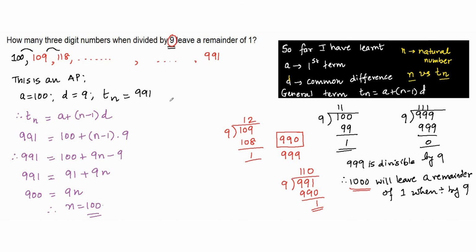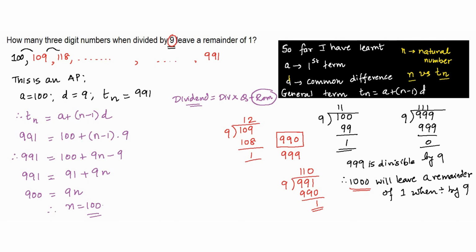This is how I approach these questions when I am trying to find the maximum and minimum values. I am basically using the simple idea of dividend equals divisor times quotient plus remainder. So whenever I get a remainder, I basically subtract the remainder from the dividend to make the number perfectly divisible by a certain number, right?